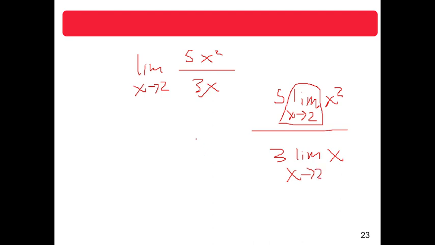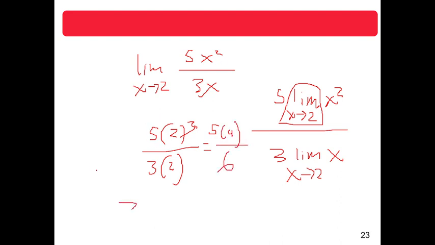So in that case, it will become 5 times 2 squared, correct? All over 3 times 2. When we square this, it becomes 5 times 4 all over 6. And we know that it is 20 all over 6.